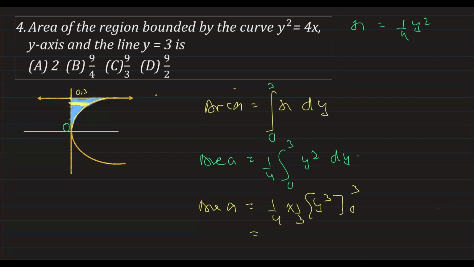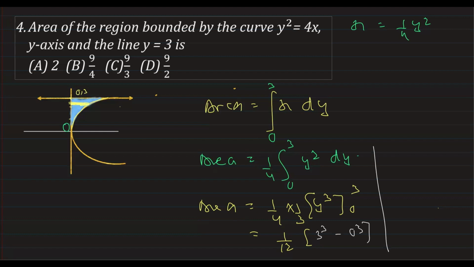Now this comes out to be 1 over 12. If I place the upper limit, replacing y with 3, it's 3 cube, and lower limit is 0, 0 cube.